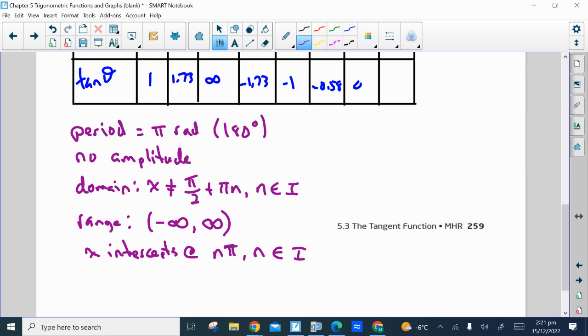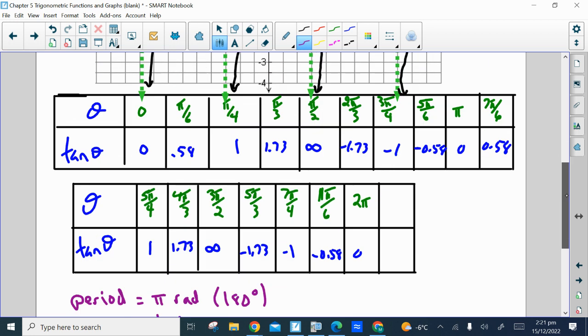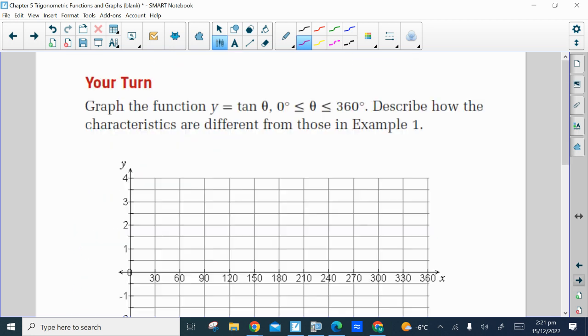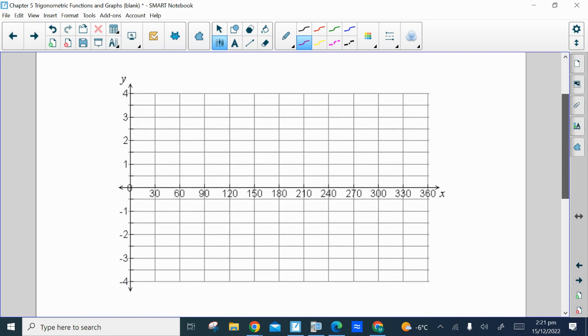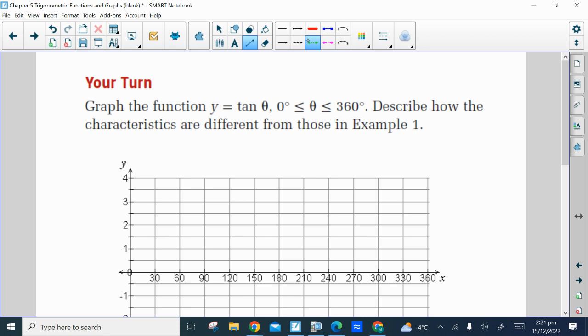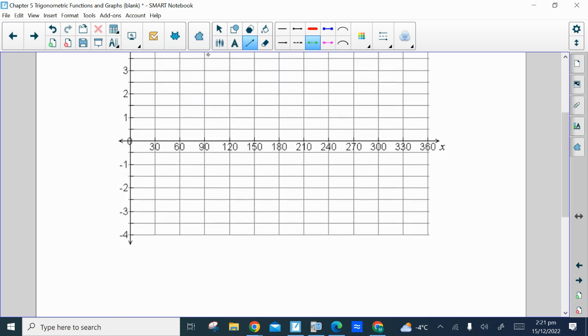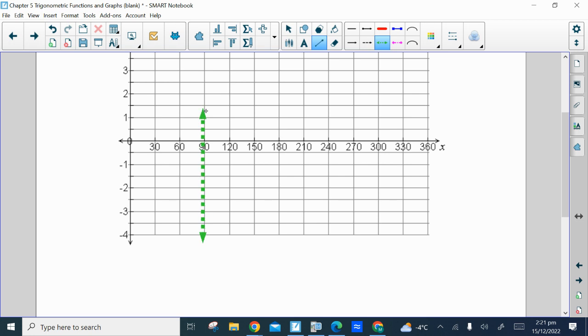So in this case, we graphed it in terms of radians, but we can do the same thing in degrees. Remembering that our first asymptote was at pi on 2 radians, which is 90 degrees. And the next one was at 270 degrees.